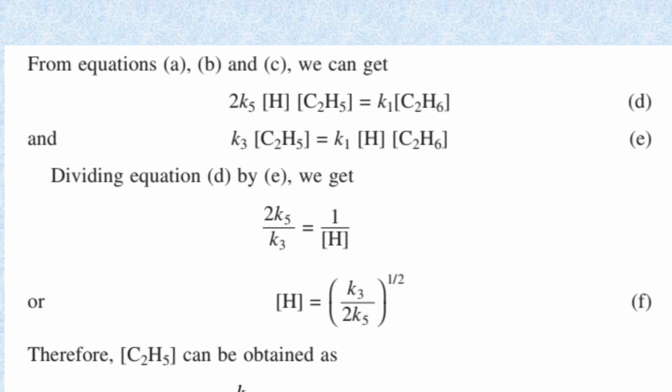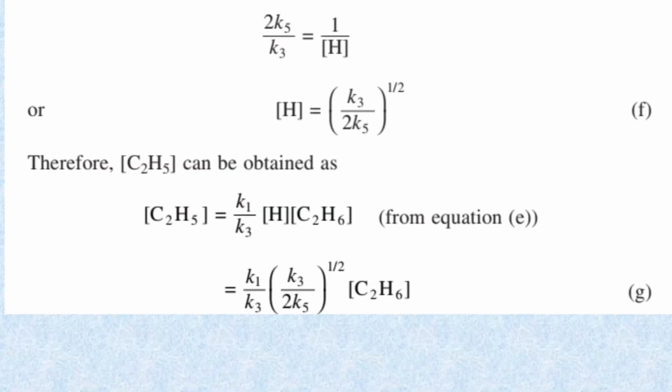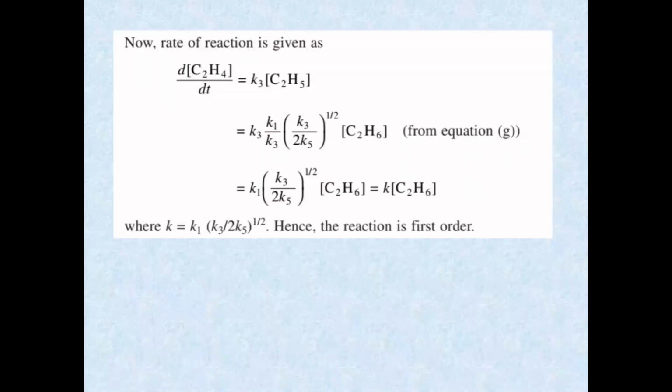Dividing the D equation by the E equation, we will get 2k5/k3 = 1/[H]. Hence the hydrogen concentration can be given as [H] = (k3/2k5)^(1/2). Therefore [C2H5] = (k1/k3)[H][C2H6] = (k1/k3)(k3/2k5)^(1/2)[C2H6].